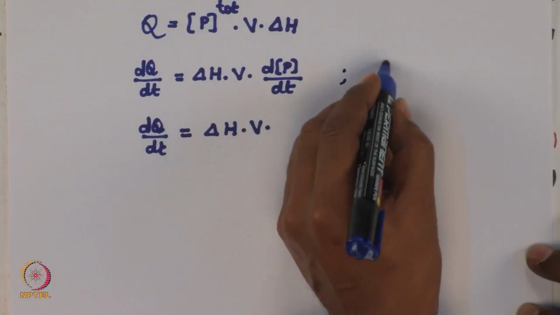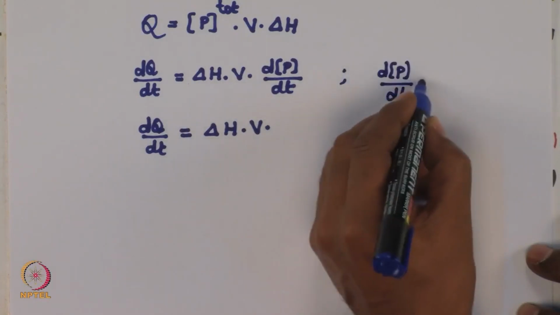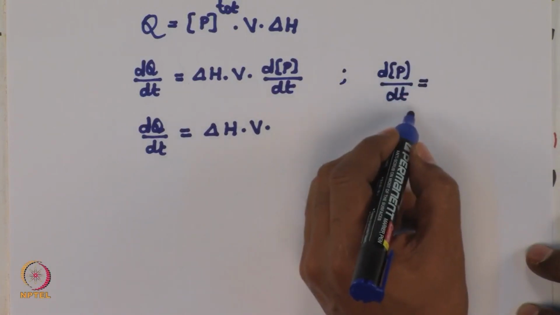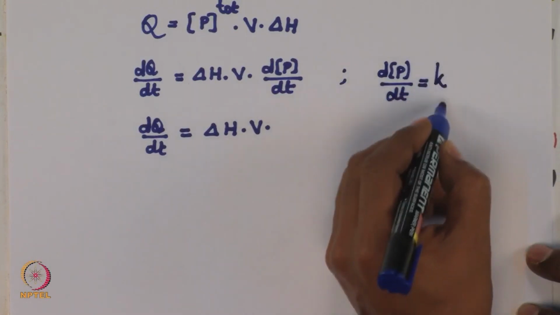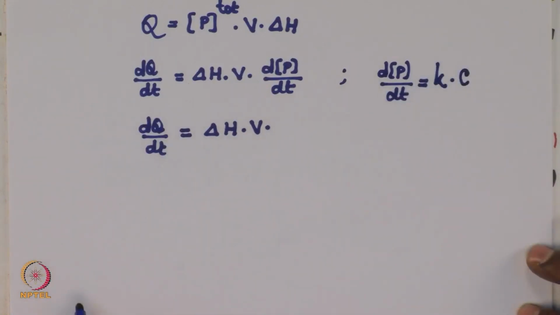If I write dp by dt is equal to, assuming that this is a first order, rate constant into the concentration of the protein or enzyme.